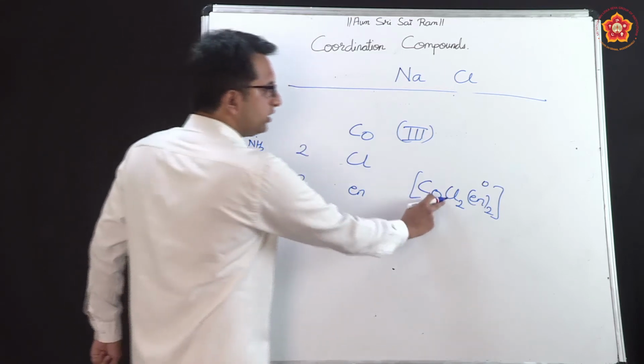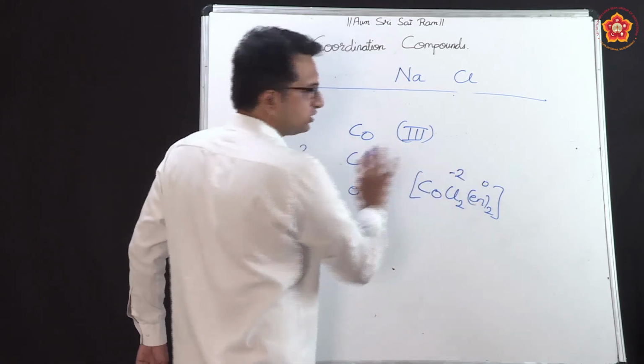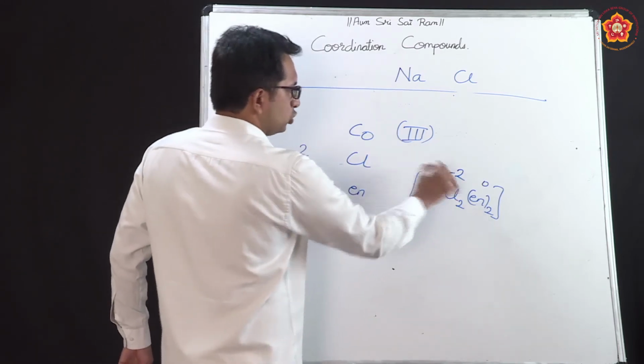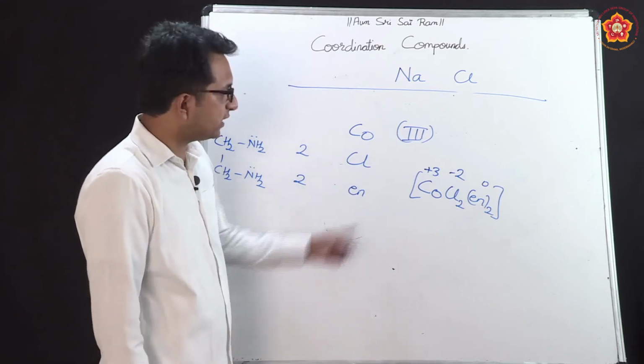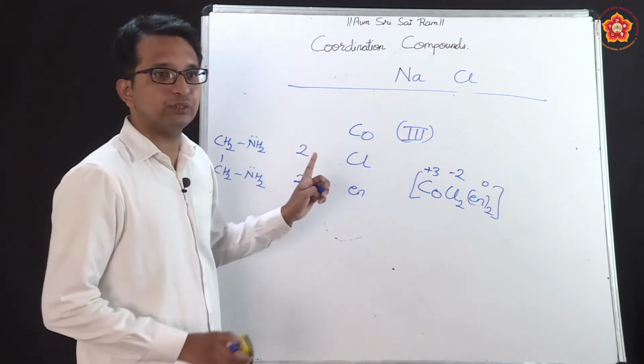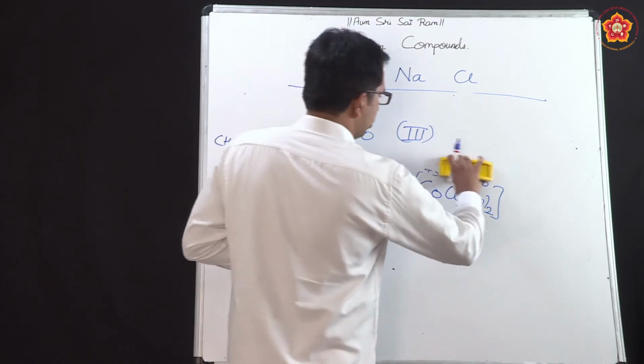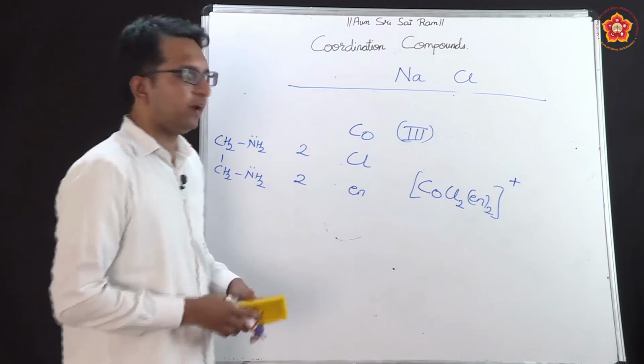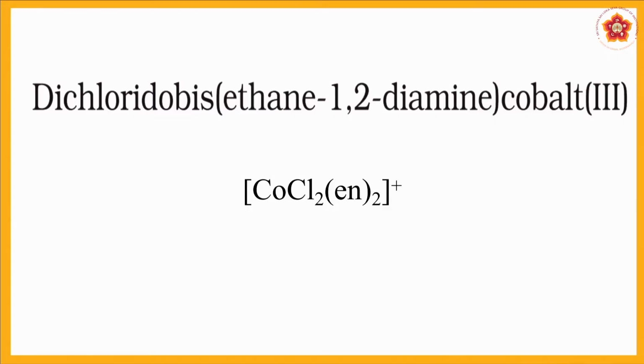Chlorine is 1 minus, but because we have 2 chlorines, I will write it as minus 2. Cobalt is plus 3, given in the example. So, plus 3 minus 2 means there is a plus 1 overall charge. It does not have a counter ion, and that plus 1 overall charge is there. So, this is the formula you are able to see on the screen: [CoCl2(en)2]+.